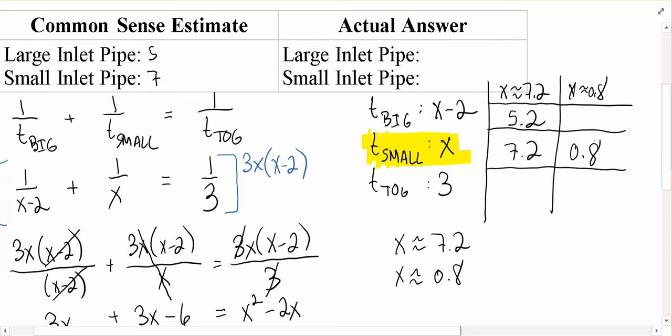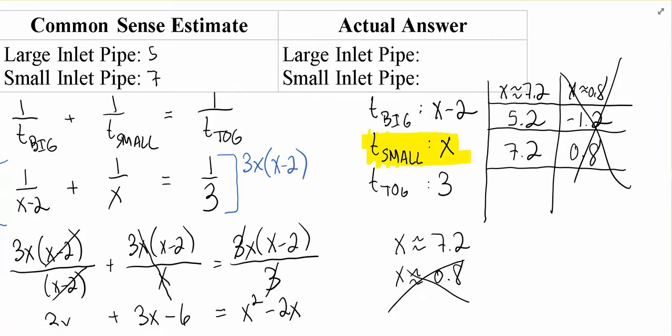If I let it be 0.8, 2 less than that, well, 0.8 minus 2 is -1.2. That's not good. I can't have a negative time. So my answer of 0.8 doesn't make sense in this case. I got to throw it out.